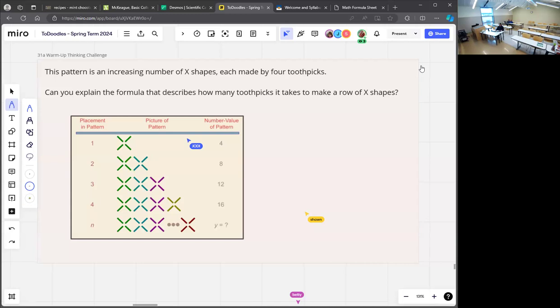In the third row with 3 X's, we have 1, 2, 3, 4, 5, 6, 7, 8, 9, 10, 11, 12 toothpicks, and so on. So can you figure out in row N how many toothpicks there would be? What's the general pattern we have going on here?